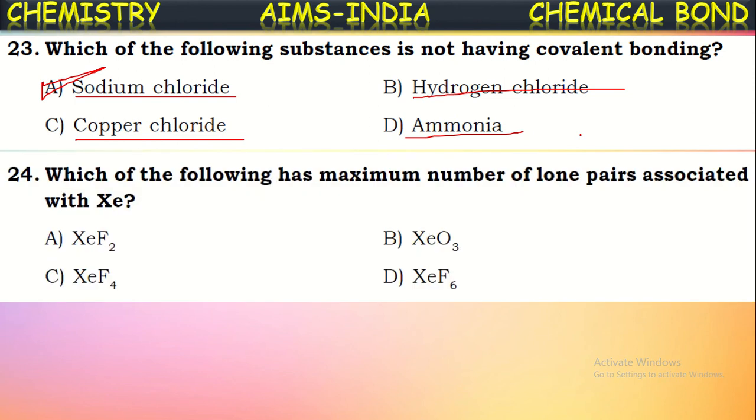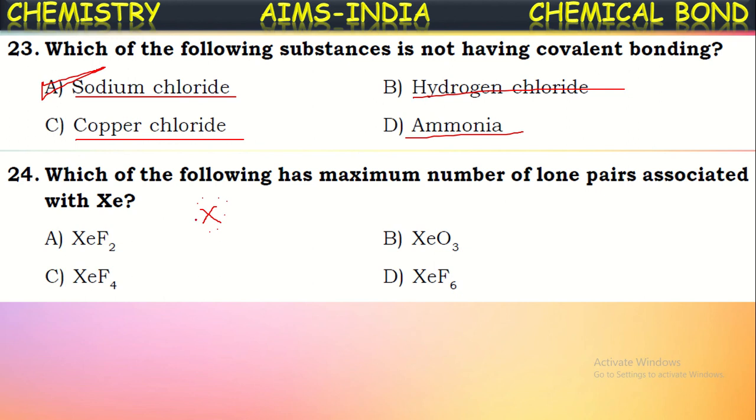Next one, which of the following has the maximum number of lone pairs associated with xenon? So where are more lone pairs of electrons present on the central atom xenon. Where there are fewer bond pairs, there will obviously be more lone pairs on the central atom. We see xenon difluoride. We know xenon has a total of 8 electrons in its outermost shell.